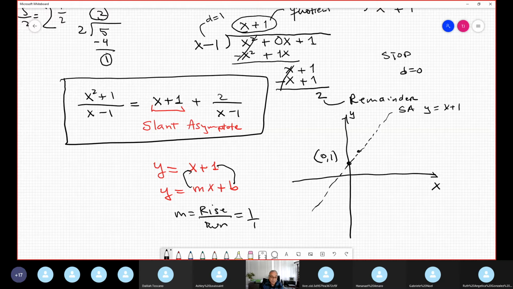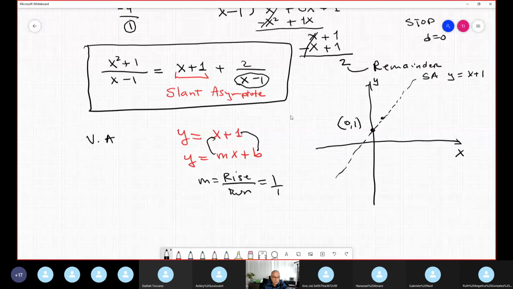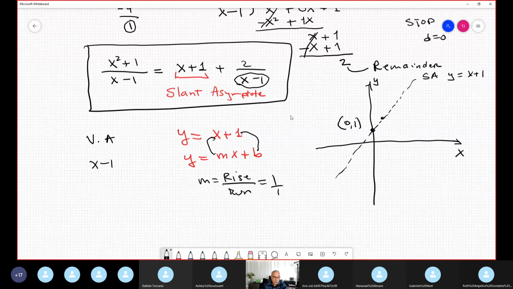In this example, we also have a vertical asymptote. It's obvious that the vertical asymptote is this. Refresh your memory: the vertical asymptote is the zero of the denominator, no? And the denominator at the beginning was x minus 1. So x minus 1 equals 0. The formula for finding the vertical asymptote is easy.